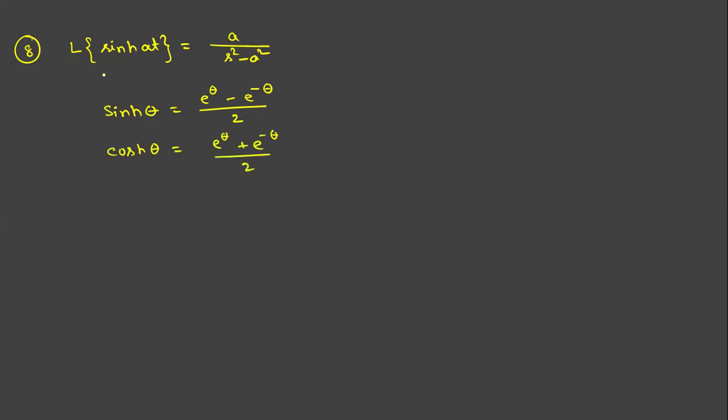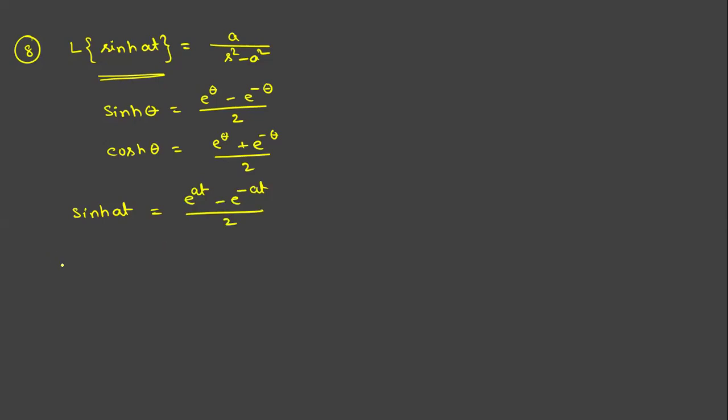Here they have asked about sinh at, that means you have to put theta equals at. So what is sinh at? Obviously you can write e to the power at minus e to the power minus at divided by 2. Yes or no?